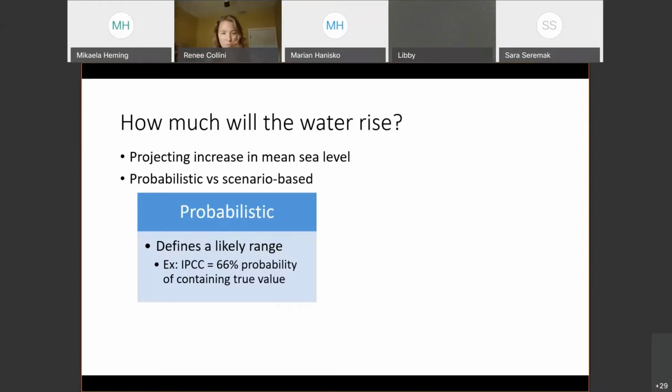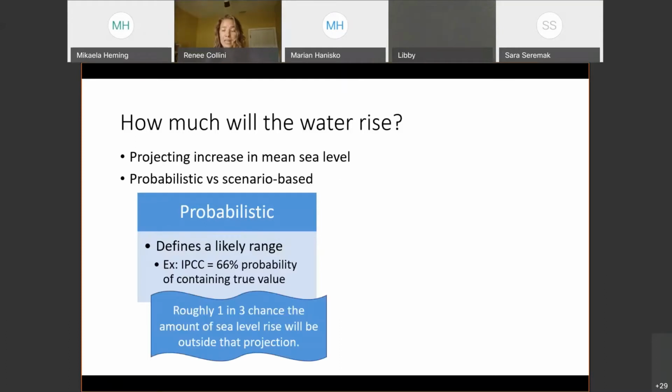Not every set of probabilistic models uses the same sort of range, but for example, the IPCC uses a 66% probability. So that means that there's a 66% chance that sea level rise will end up somewhere in that range. But an important thing to note about this is that roughly 1 in 3, you have a 1 in 3 chance of the sea level rise we'll actually observe in the future not falling within that range, that it could in fact be higher.